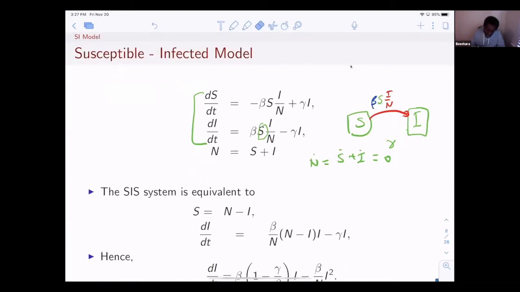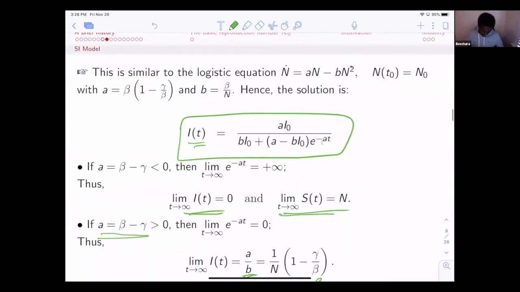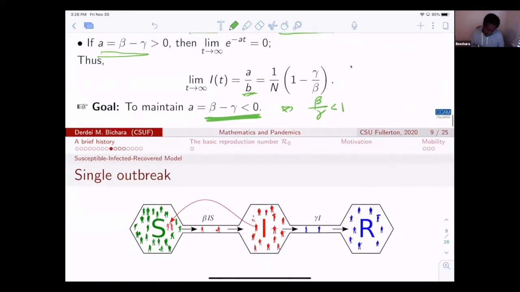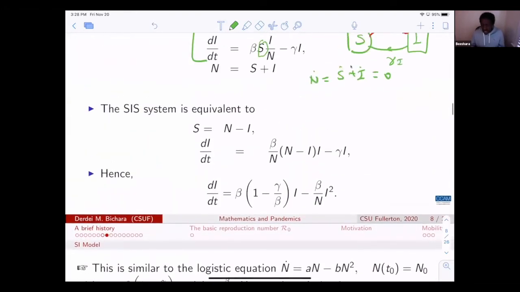It means the time you spend in the infectious class, the time after which you recover, either through treatment or otherwise. So this quantity is very important, as we'll see soon. This one is called the SI model.